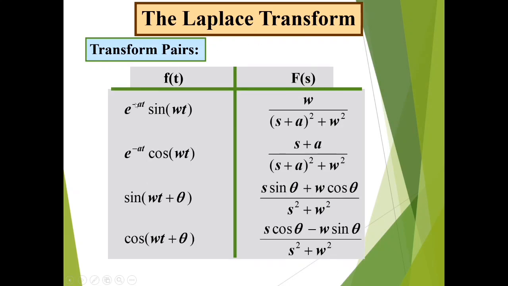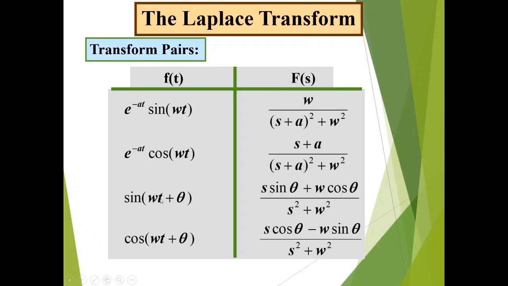L of e power minus at into sine omega t equals omega by (s plus a) the whole square plus omega square. L of e power minus at into cos omega t equals s plus a divided by (s plus a) the whole square plus omega square.